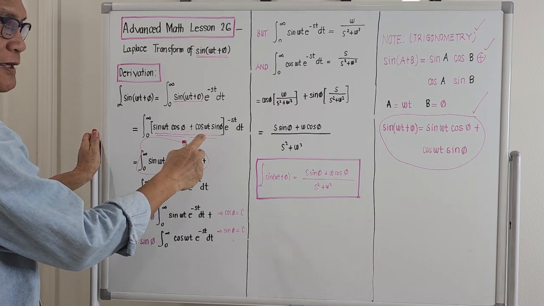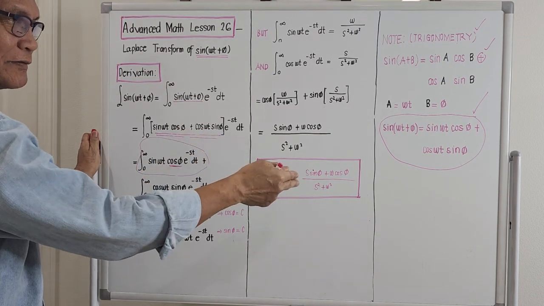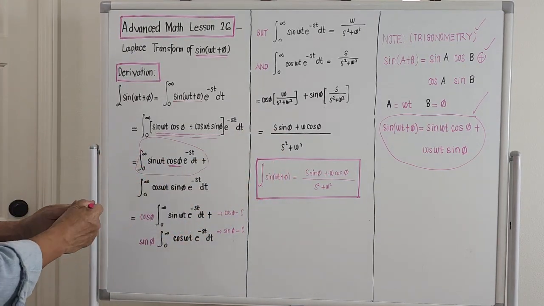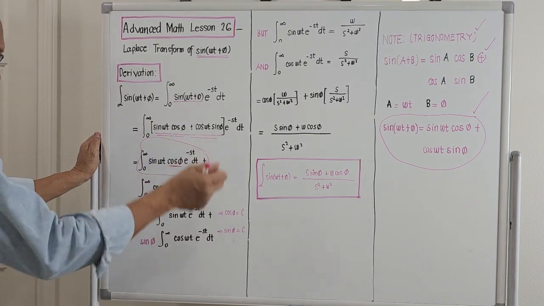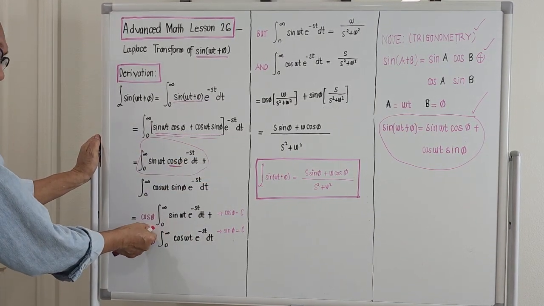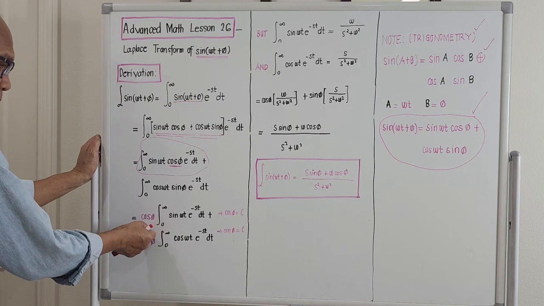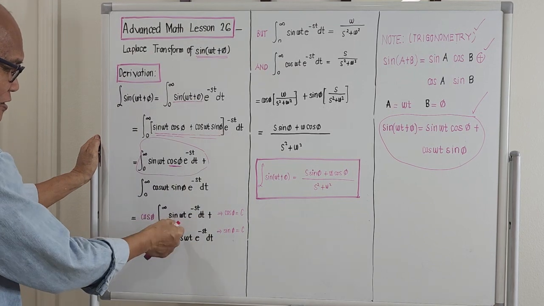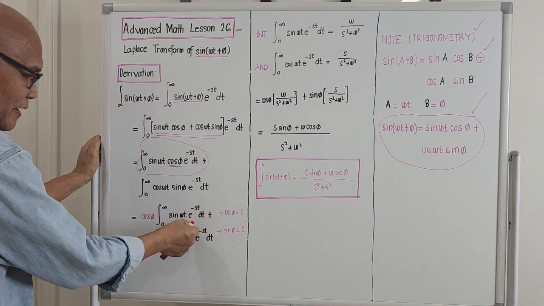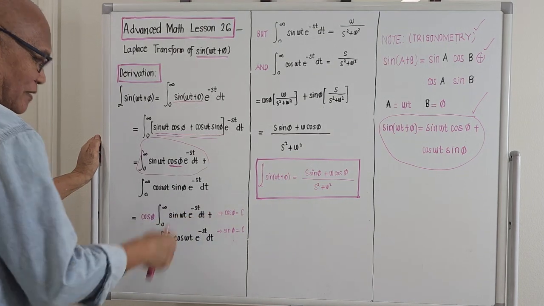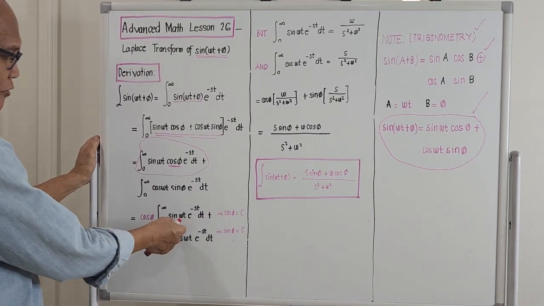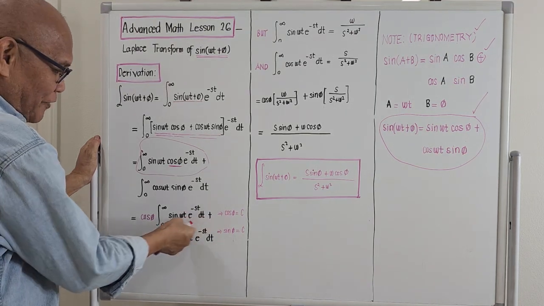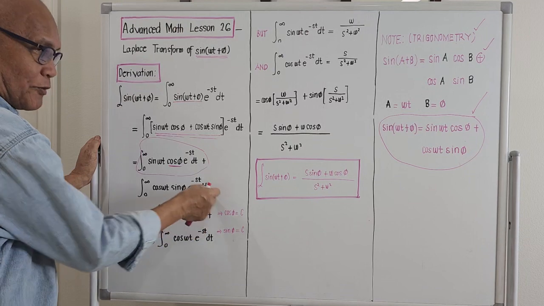So if you take the cosine of any angle, it will be constant. So we could bring it out from the integral sign. Cosine of angle P, the integral from 0 to infinity, what remains inside the integral is just sine of omega t, e raised to minus st dt. So it's a pure function of t and dt.